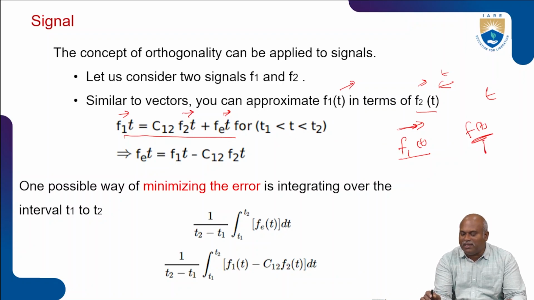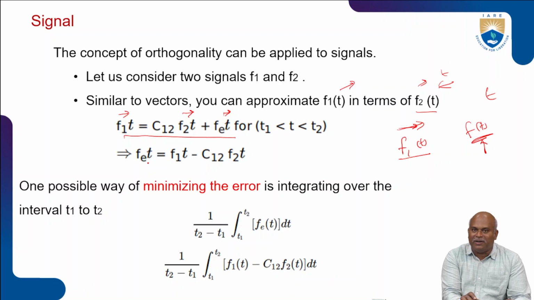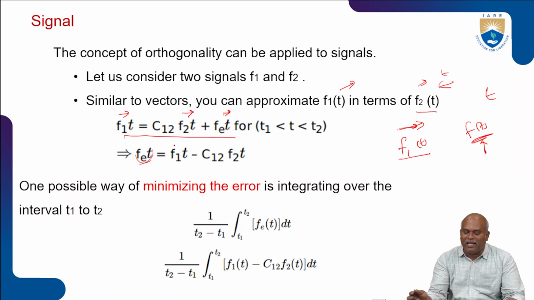Because we are analyzing the time based signal, the signal error value is represented as Fe of t is equal to F1 of t minus C12 F2 of t. We modified the equation for the case of the error value. This is the signal error value.